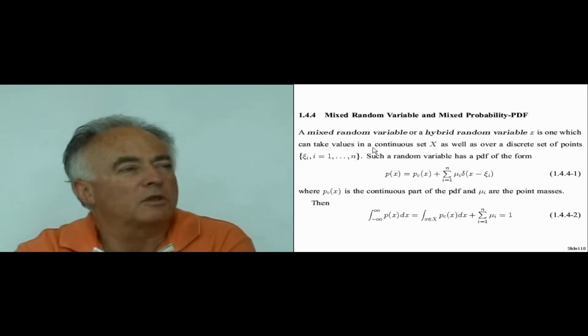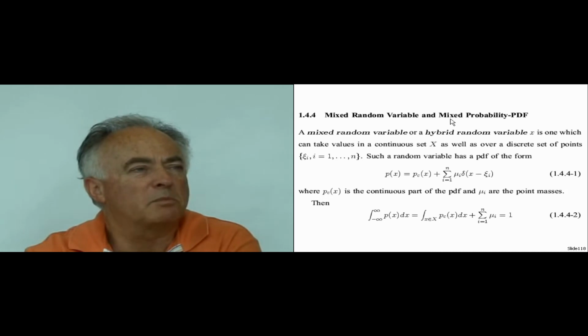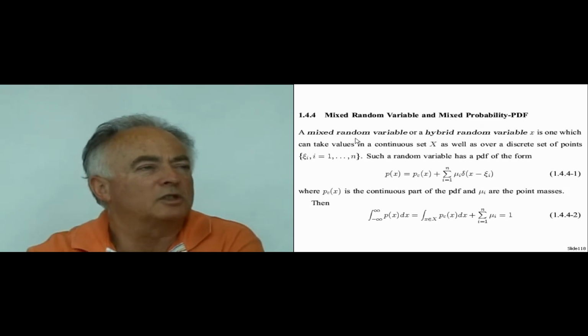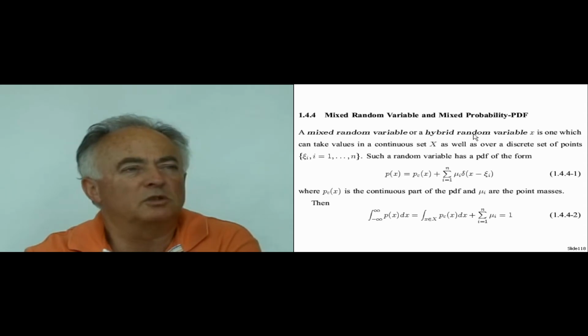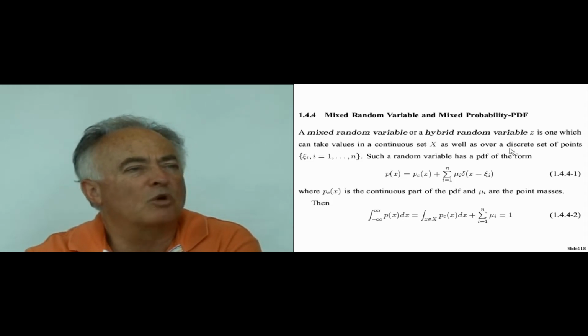Now, to make things a little bit more interesting, we can discuss mixed random variables, and they will be characterized by mixed probability PDF. A mixed random variable or a hybrid random variable x is one which can take values in a continuous set denoted by cap X as well as over a discrete set of points psi i.